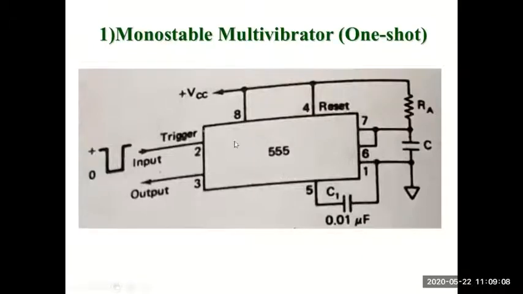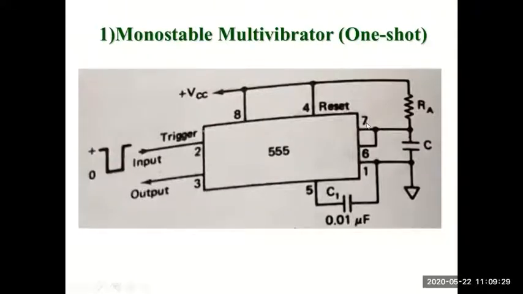This is the connection diagram you're seeing here. As I told you, pin 7 is the discharge pin. Pin 6 is the threshold input. Remember, this threshold pin goes to the non-inverting terminal of the upper comparator. If you remember the diagram, it is easy.